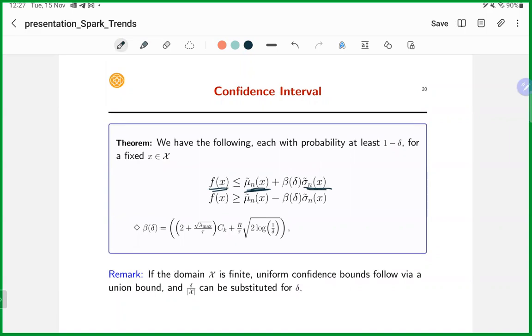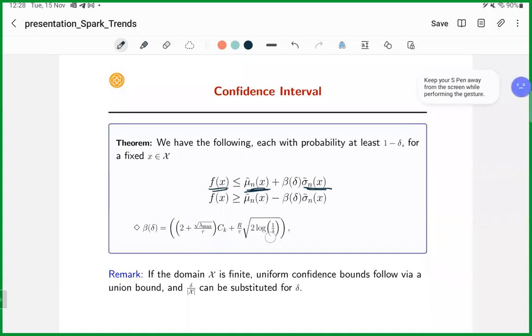So what this theorem is saying is that rather than the true mean and true standard deviation, we can use a sparse approximate mean and a sparse approximate standard deviation, and the confidence interval still holds true with a confidence multiplier beta delta. In comparison to the true confidence interval, it only scales with lambda max, the maximum eigenvalue of the error in the kernel matrix. The other terms are standard terms in kernel-based learning.